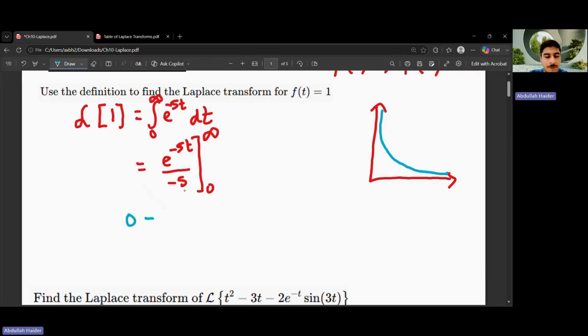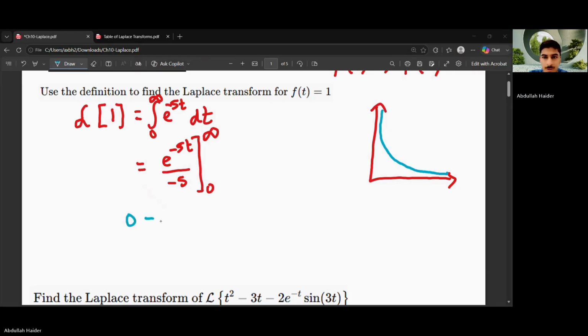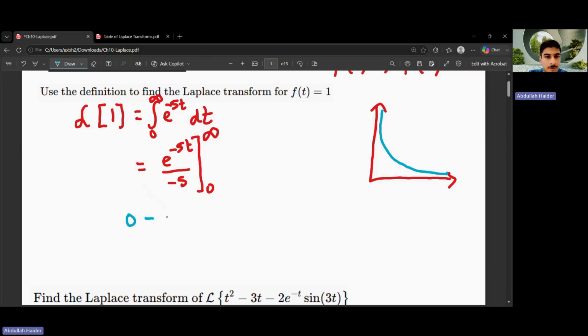So in this case you will have 0 minus, and then you substitute 0 in place of t. So 0 minus e power minus s times 0 over minus s.